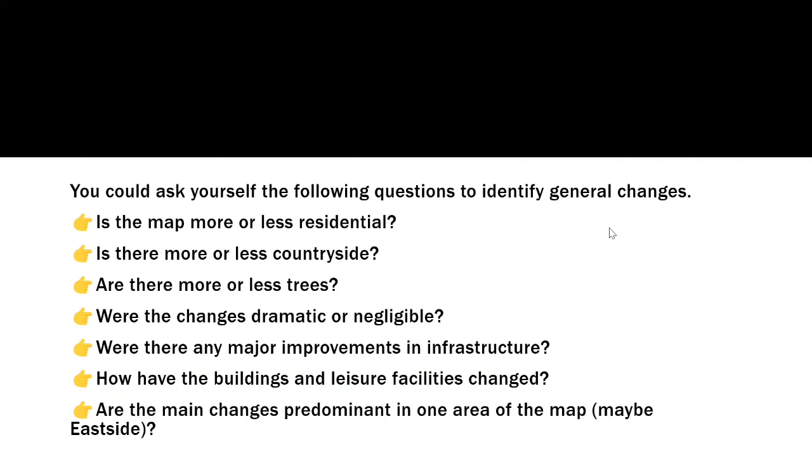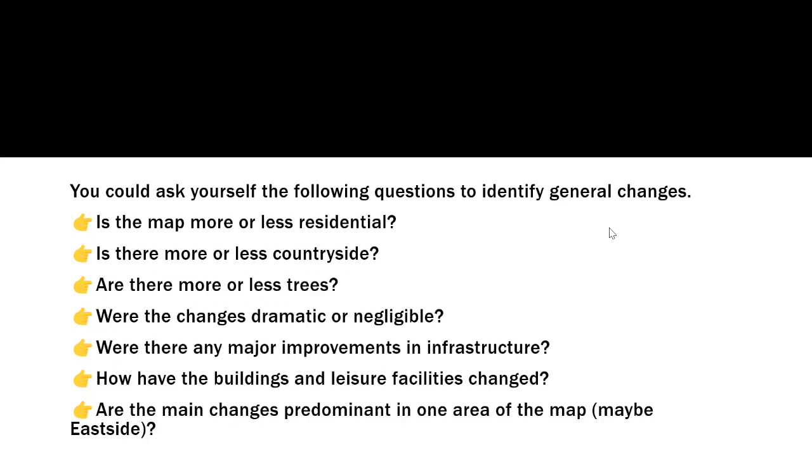Maybe is it more or less of a village, or is it more civilized now? Are there more or less trees? Maybe in the past there used to be trees somewhere and they've taken down all the trees. Now they build high-rise hotels or high-rise buildings or something like that.